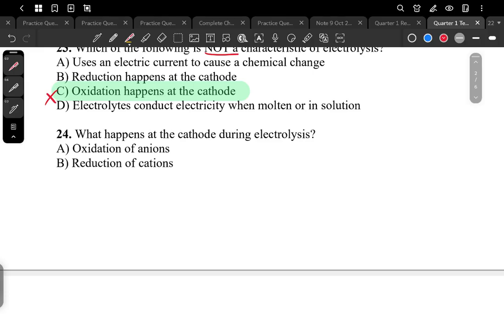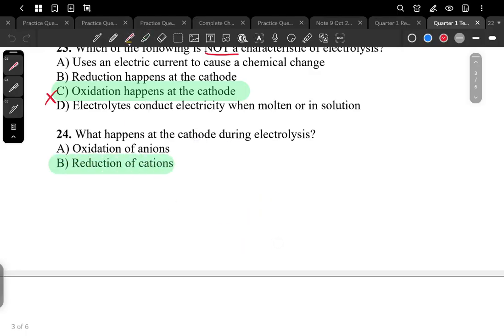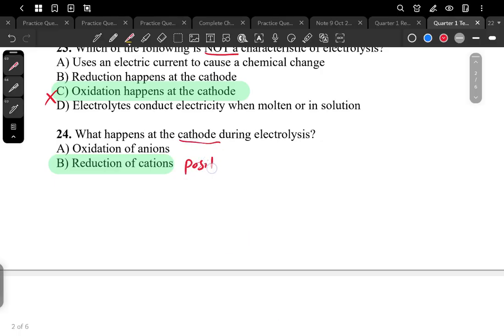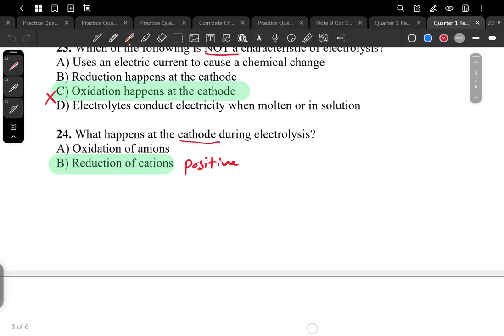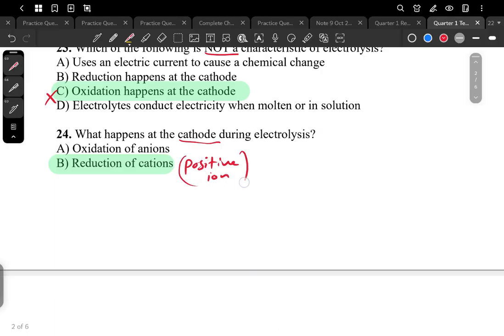Reduction happens, but guys, you should be aware that reduction happens to cations. So what is meant by cations? Cations are the positive ions, because at the cathode, positive ions are attracted and reduced there, and the positive ion is called a cation.